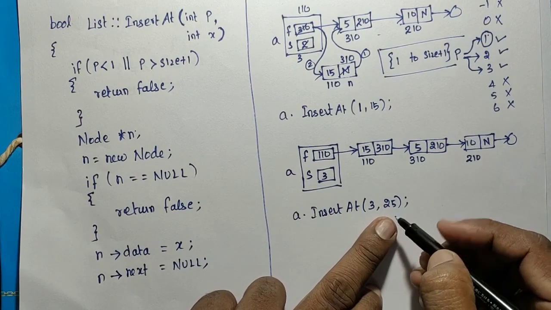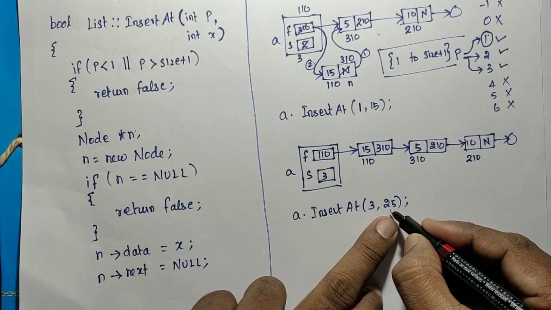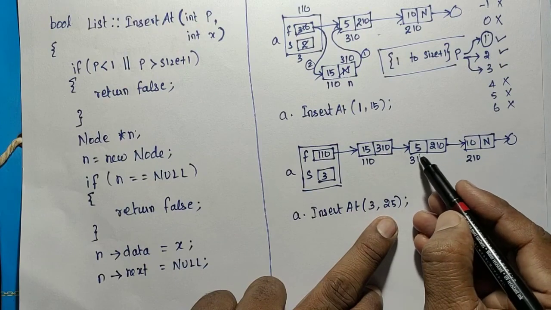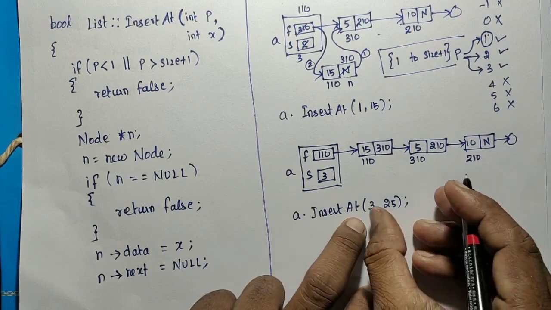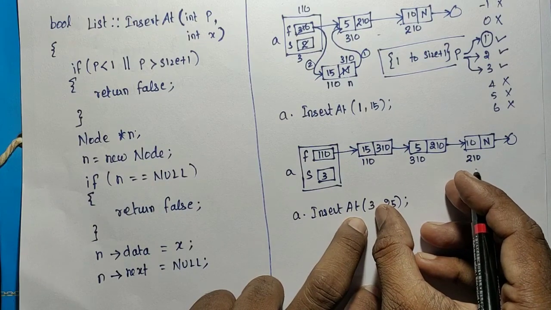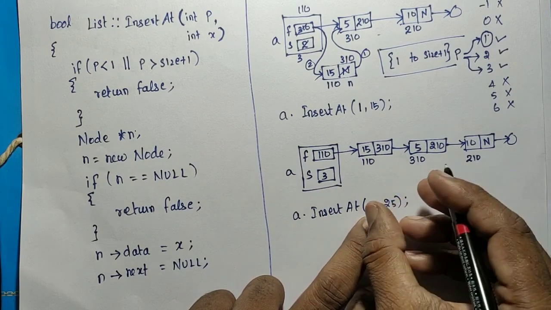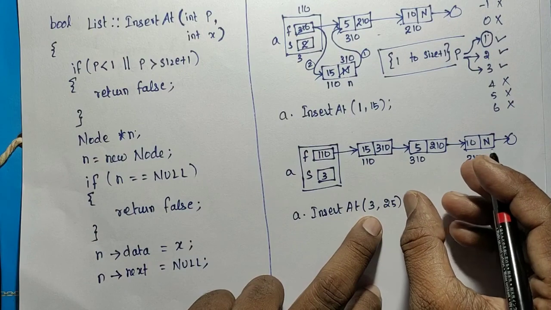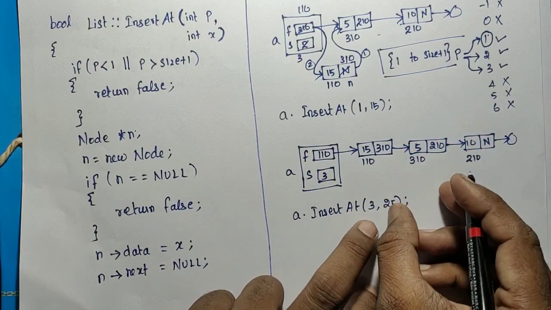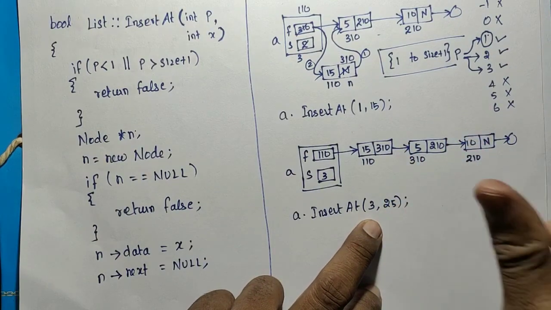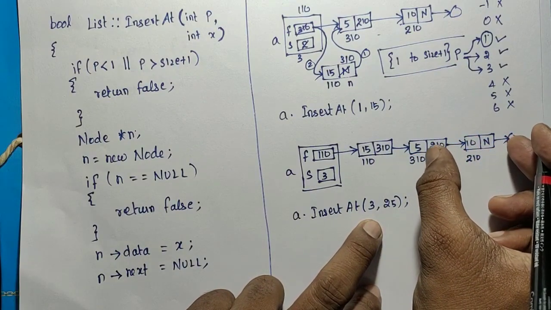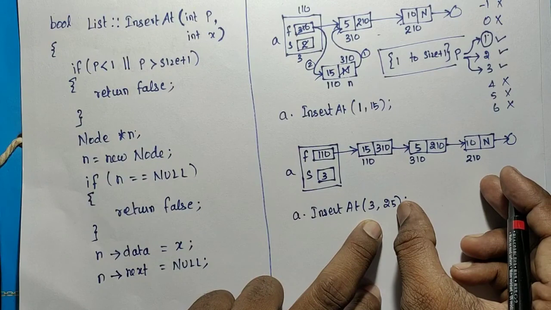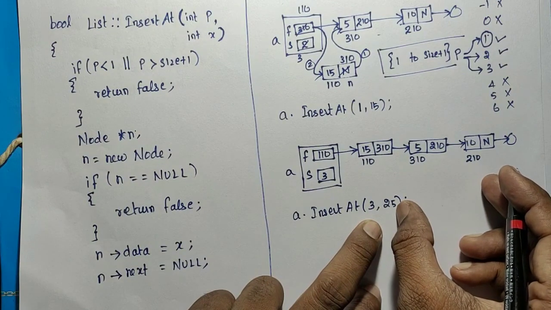It means that the 25 has to be inserted before the 10, which means after the 5. If I want to link a new node, I need the parent address. It means after which node I have to insert the new node. After the 5 I wanted to insert the 25. Correct?